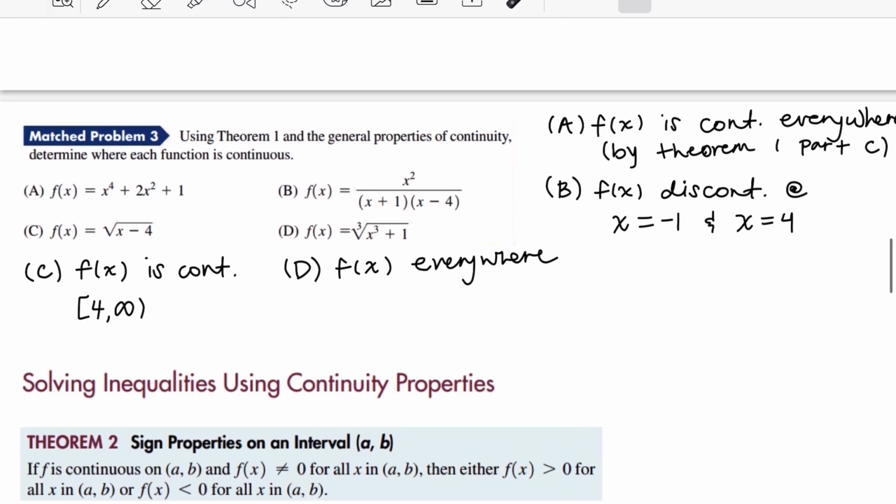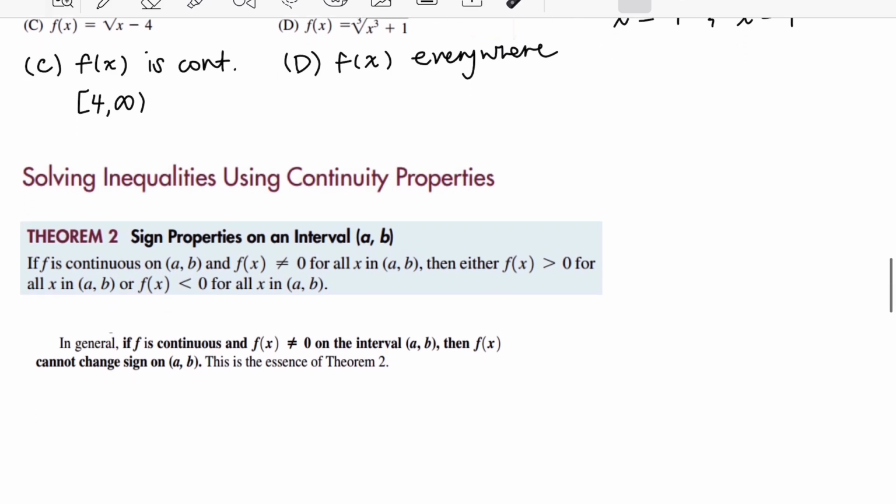All right, so now we'll look at solving inequalities using continuity properties. And we'll do this using theorem 2. So we're told if f is continuous on some interval, and it's not equal to 0 for all x in that interval, then either f of x is greater than 0 for all x within this interval, or it's less than 0 for all x in this interval.